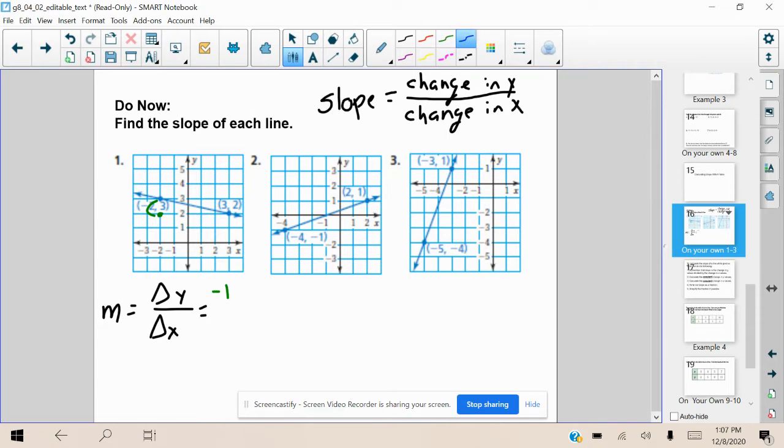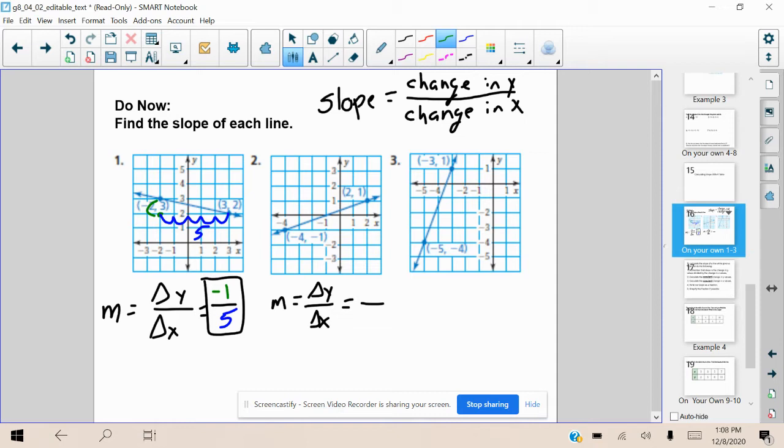Now we calculate how many we are going to the right. Well, we go 1, 2, 3, 4, 5. So that means our slope is -1 over 5. Let's try out number 2. Again, m is equal to the change in y over the change in x. Am I going up or down?